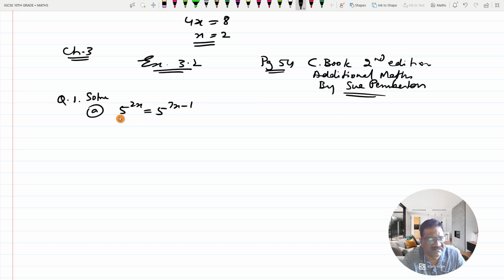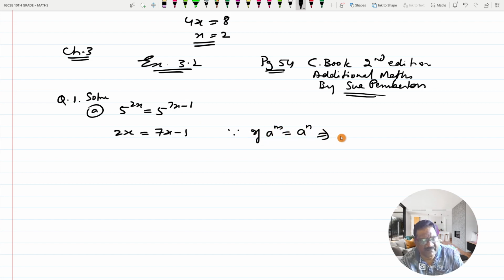Now, here you can clearly see, because the bases are same on the left hand side and right hand side, you can equate the power. So I can write here straight away 2x is equal to 7x minus 1. The reason is because if a raised to m is equal to a raised to n, implies that m is equal to n. Simple as that.